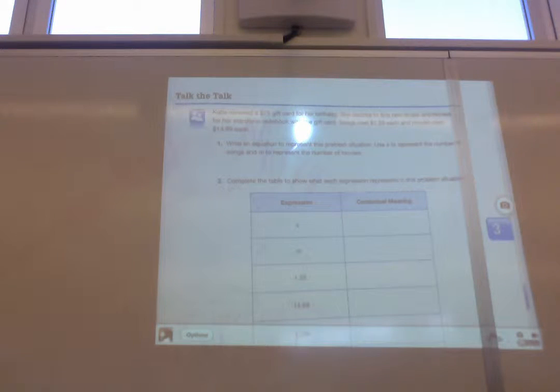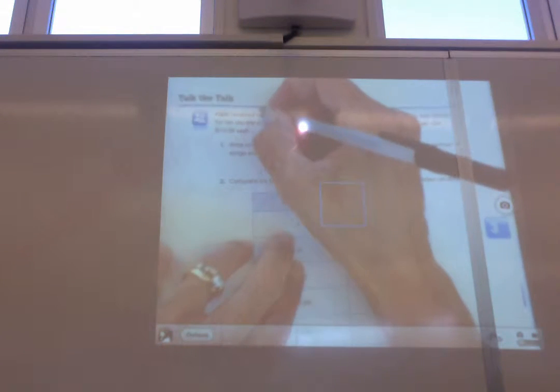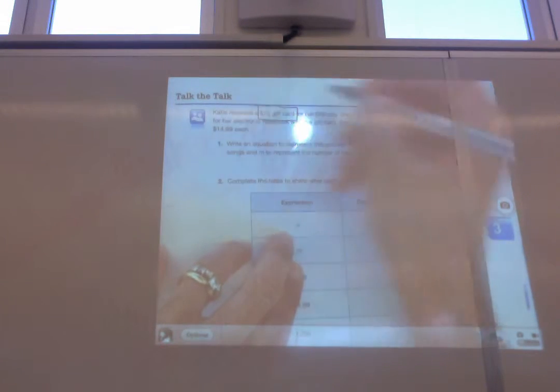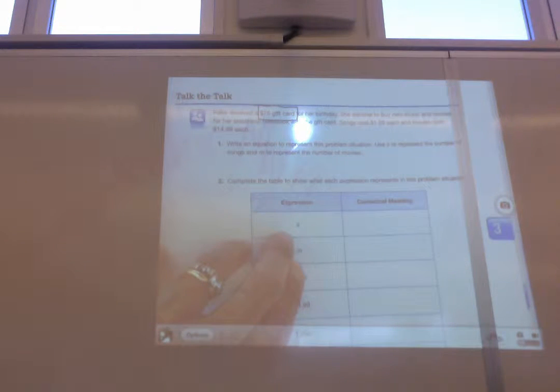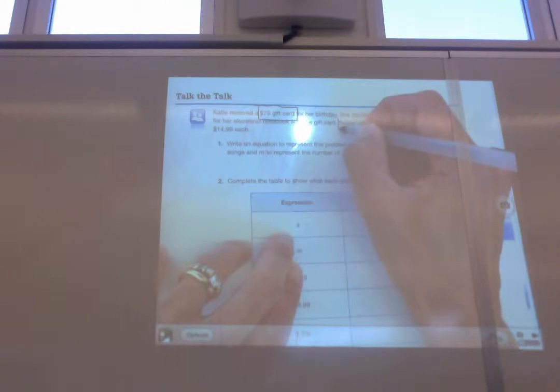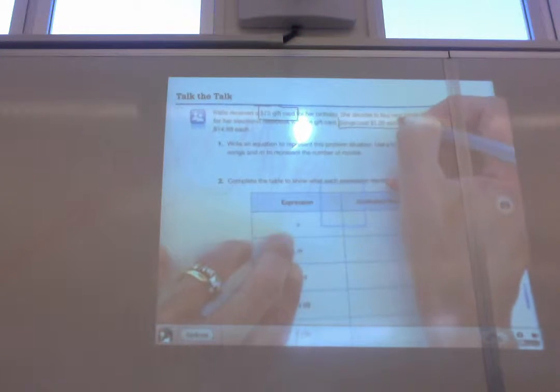Okay, so let's go back to our given information and sort out what we know. We have a gift card with $75 on it. We have two types of things that she's going to buy. What is she going to buy? Songs. Songs cost $1.29 each.